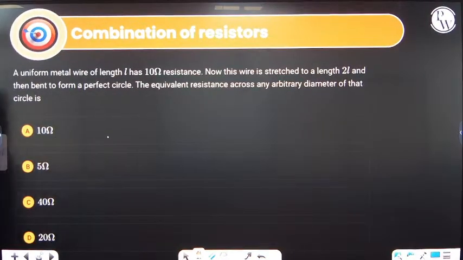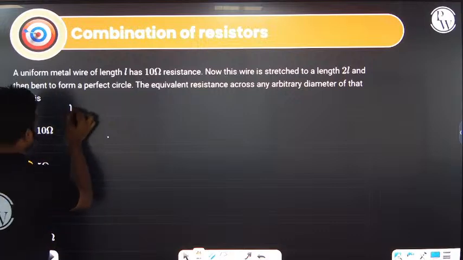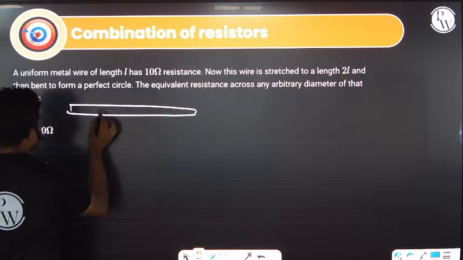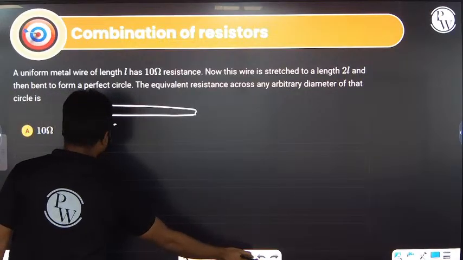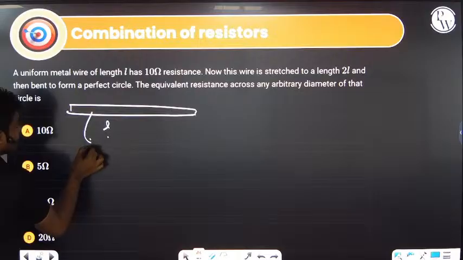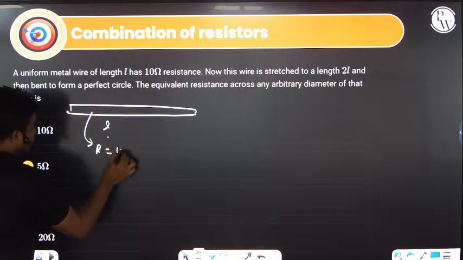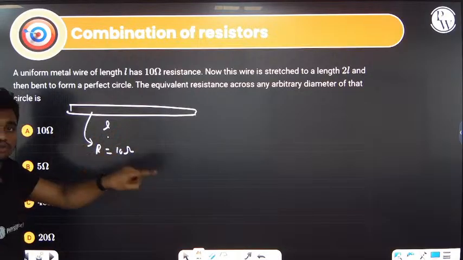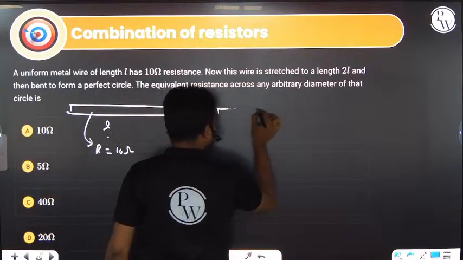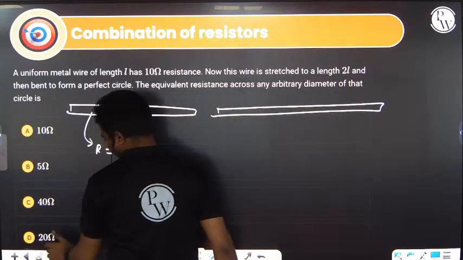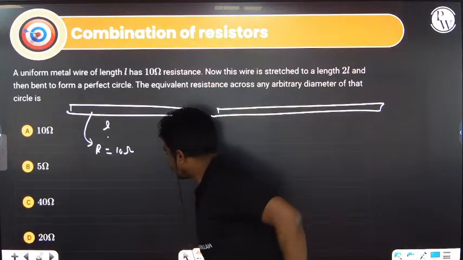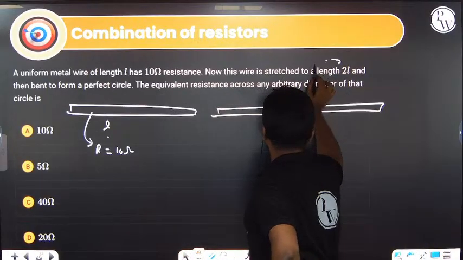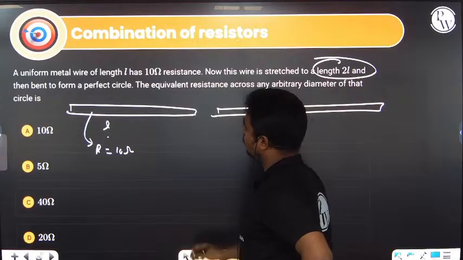A uniform metal wire of length L has 10 ohm resistance. Now the wire is stretched to 2L. Initially, the wire has a certain length, and the resistance value is 10 ohm right now. When we stretch it by N times, we get N square into R. The length is stretched to 2L and bent to form a perfect circle.